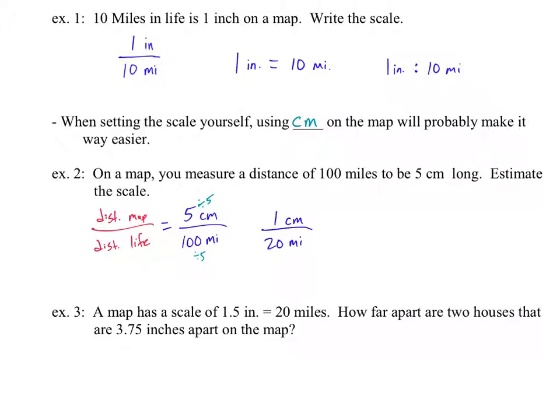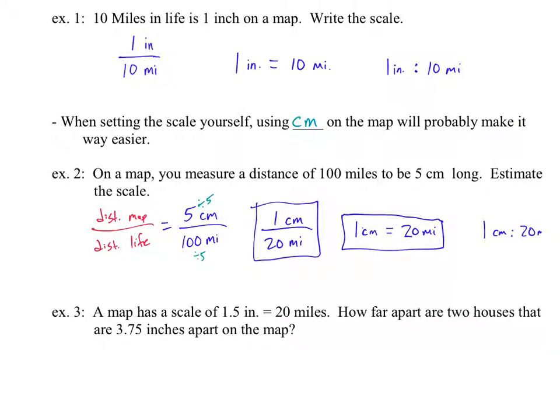And that's going to be easier to picture because 1's a 1. So you could write it that way, or like we did above, the more common way probably is 1 centimeter equals 20 mi. That'd be another legitimate way to write it, or 1 centimeter colon 20 miles.